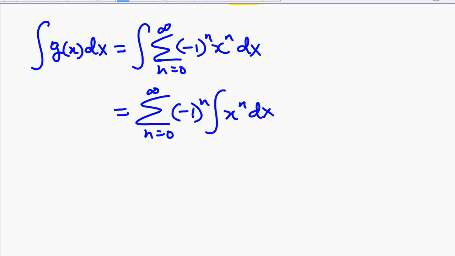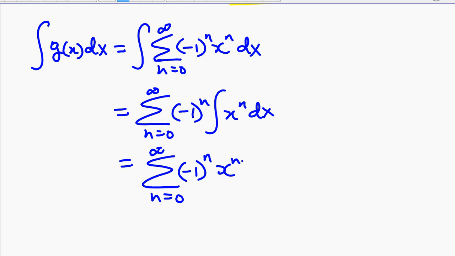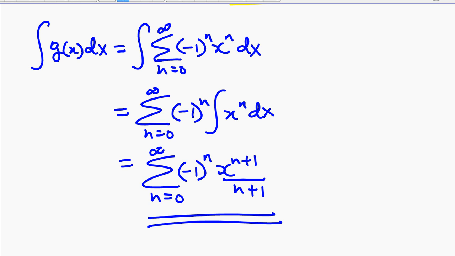Because you're integrating with respect to x, negative 1 to the power n won't be affected. So we end up with the sum from n equals 0 to infinity of negative 1 to the power n, x to the power n plus 1 over n plus 1. That's just the reverse power rule. Integrate and you get your solution, and that is your final answer.